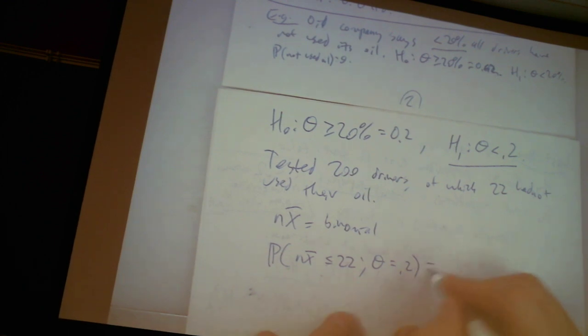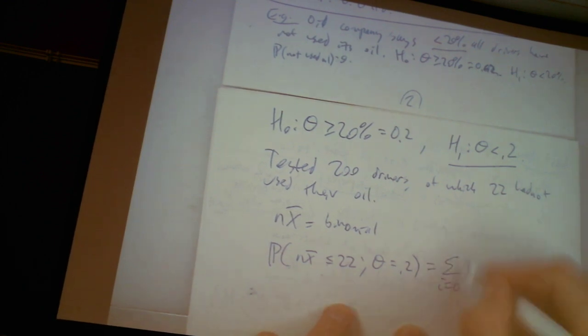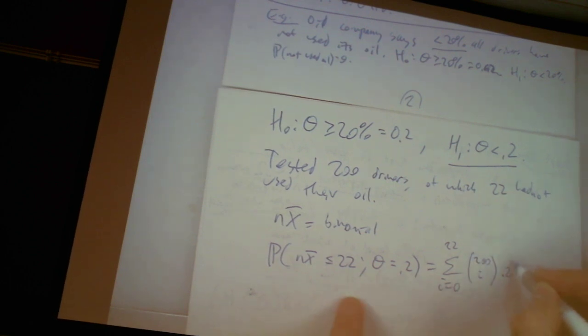What is it? It's a sum as i goes from 0 to 22 of the binomial coefficient, 200 choose i, 0.2 to the i, 0.8 to the 200 minus i, and you can compute this, and you get 0.0005.